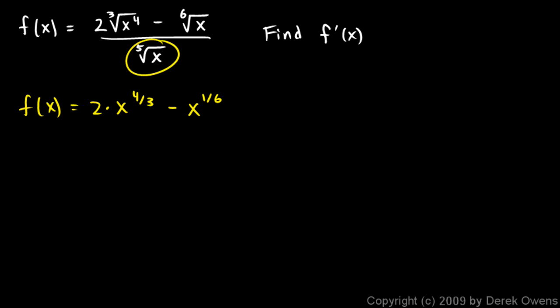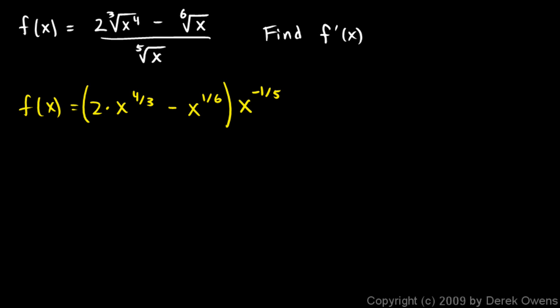And then instead of dividing by the fifth root of x, I'm going to multiply the whole thing by the reciprocal of that. The fifth root of x down here is x to the 1/5, so instead of dividing by x to the 1/5, I'll multiply by x to the negative 1/5. So this is my new function.